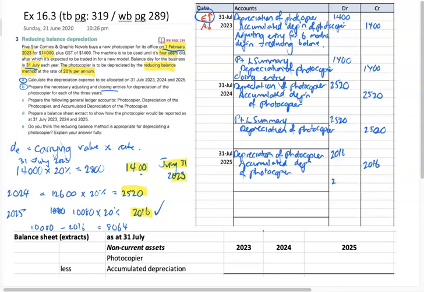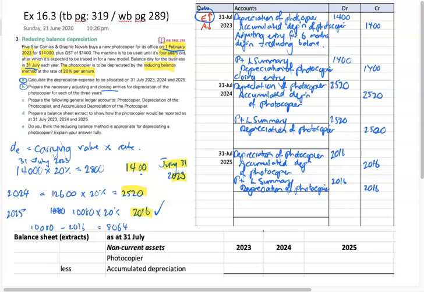And we're also going to do our closing entries. P&L summary, depreciation of photocopier. Now we have done all of the closing entries and depreciation for the 3 years.